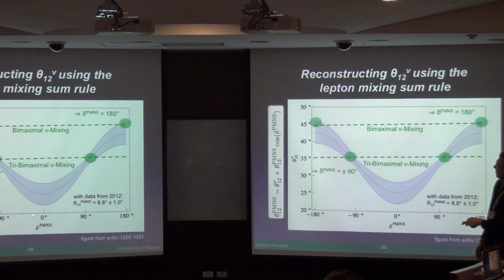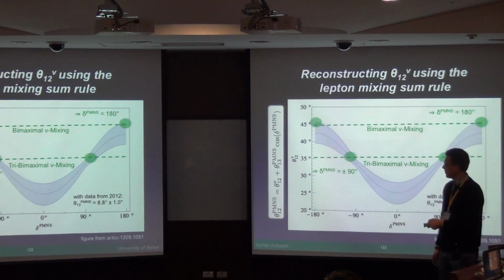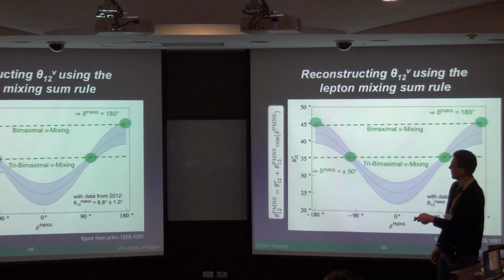And as you can see, when you measure a certain value, you can just see what the underlying theta 1 2 neutrino value would be if the conditions for this Leffler mixing rule are satisfied. And you see that there will be special values: for 180 degrees you would be in a situation consistent with bimaximal mixing, 45 degrees.